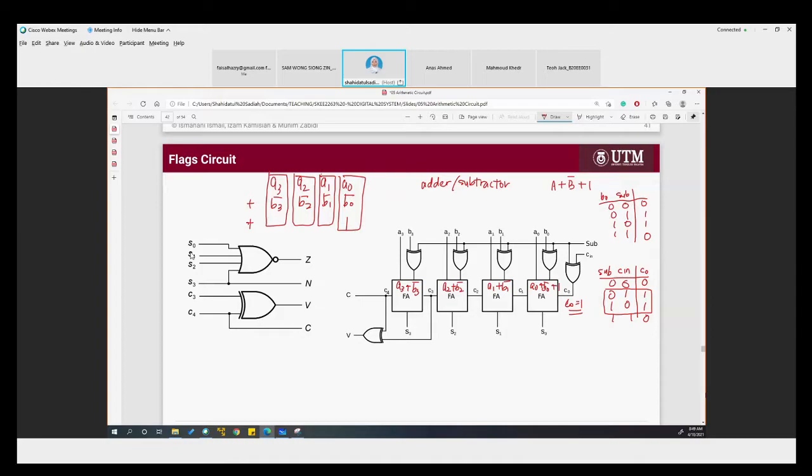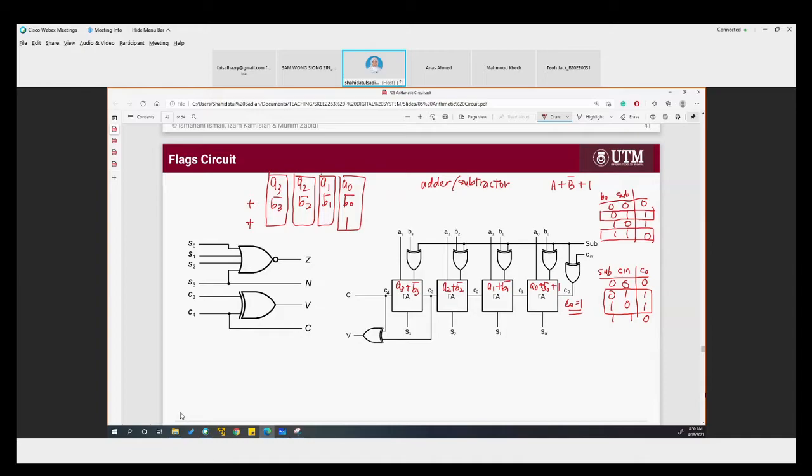So the XOR must flip the B. So which one is flipping the B? And this one. When sub is 1, it will flip the B.